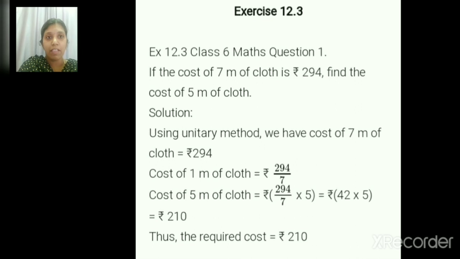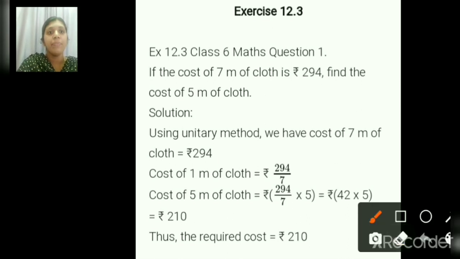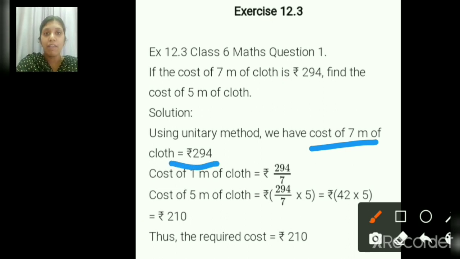We have to find the cost of 5 meter cloth. So unitary method. First we have to find the cost of 1 meter cloth. The cost of 7 meter cloth is rupees 294.